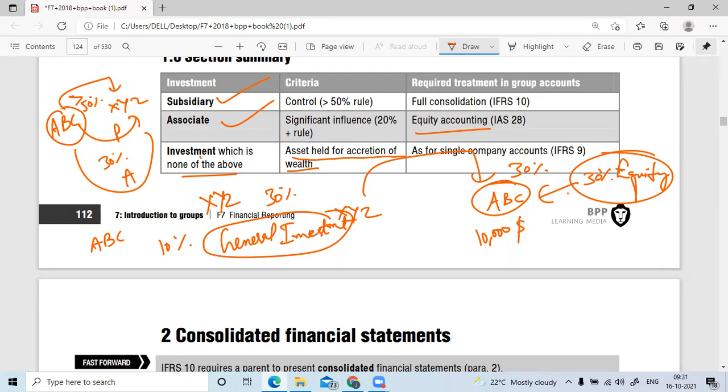That is, you have just invested in some company stocks. You want those stocks to grow and you want to enjoy the benefits of that. So here no consolidation is required, no equity accounting is required, just normal single company accounts will be prepared.